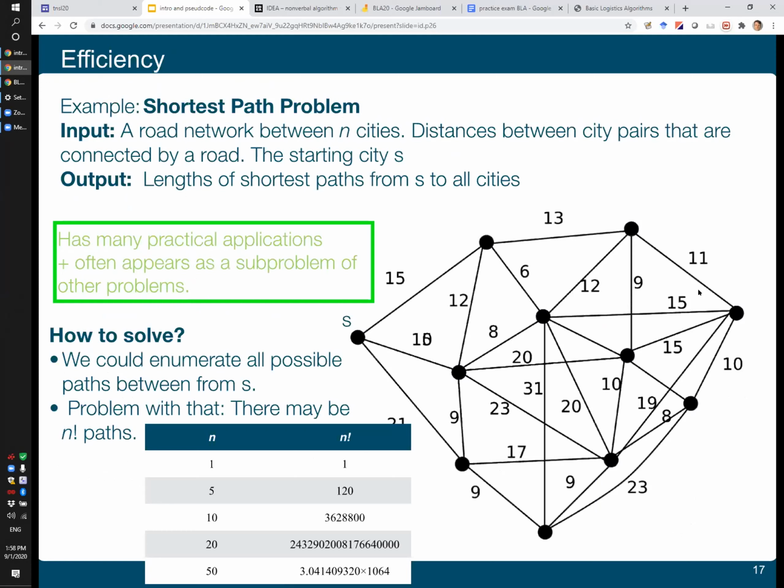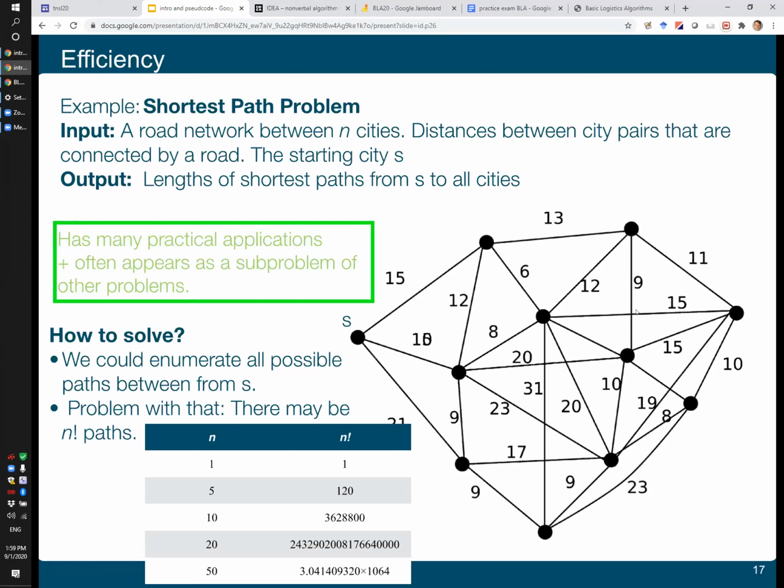The last slide in this lecture is a kind of preparation for the next lecture that we will start after the break. Here is an example of a very important problem, the shortest path. You have n cities and there are roads between them, and you know the distances between the different cities, and you want to find the shortest path from some starting city to maybe all cities in your network.